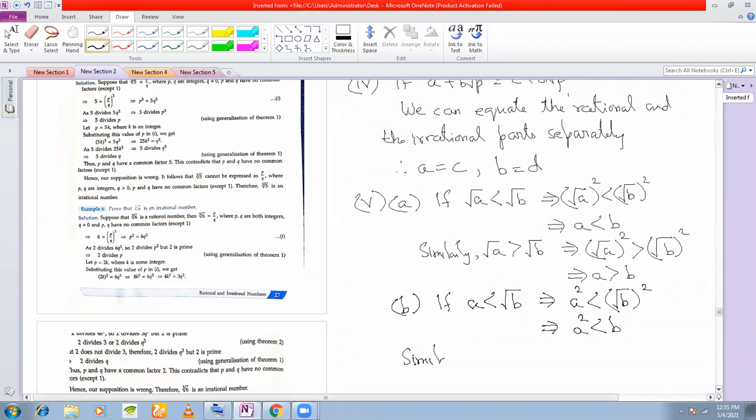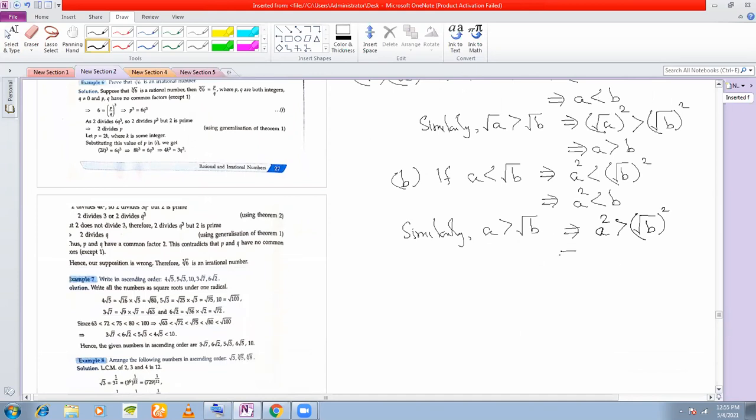Similarly, if you have a greater than root b, then also you can square both sides and you will get a square greater than b. Okay, so these are your sets of remarks, which you must be mindful of while working out the sums.